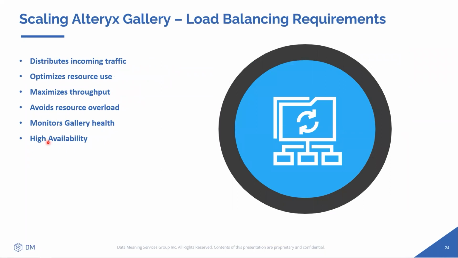So when we think about load balancing, every time you want to increase the number of gallery nodes, you need to use a load balancer to achieve that. Of course, the benefits are that you are distributing your workload, your incoming traffic. You are avoiding overloading any part of your system. You are improving the user experience. You are maximizing throughput.